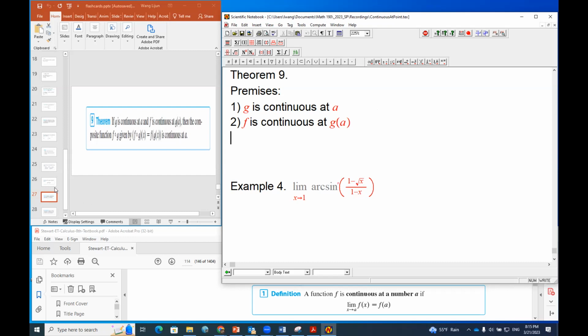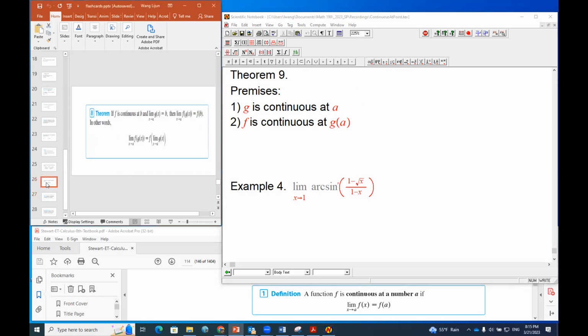Wait a second, I think I'm quoting the wrong one. Oh, this one, sorry, theorem number 8. Sorry about that, we will get to the next one, but this one is theorem number 8. I'm sorry, I skipped this one.